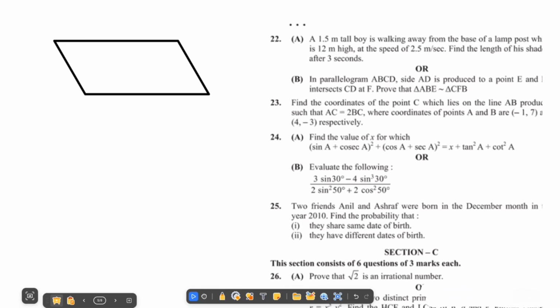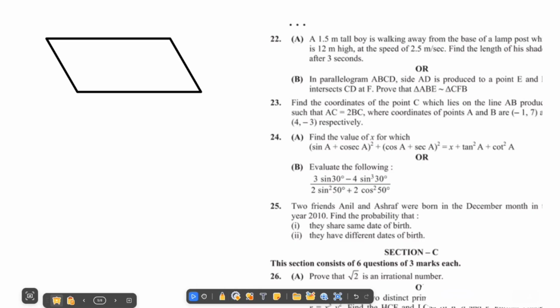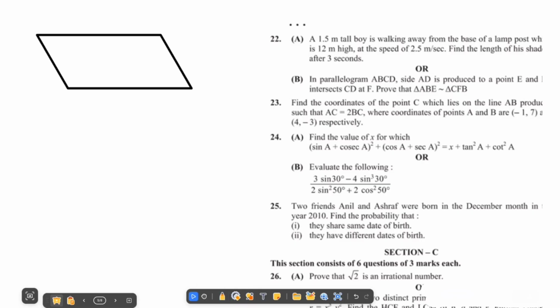AD is produced to point E. So AD is produced up to E, right?